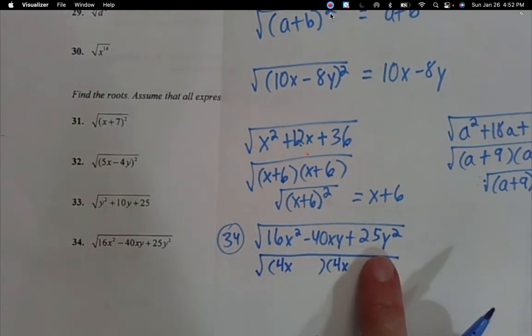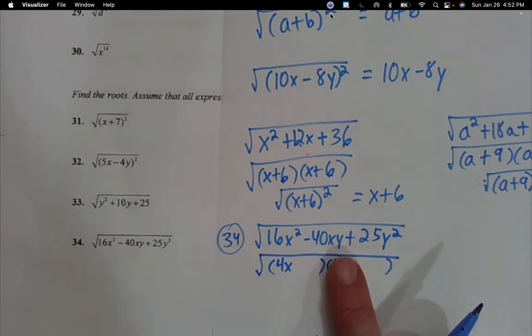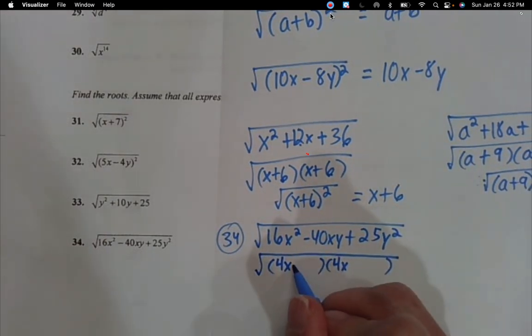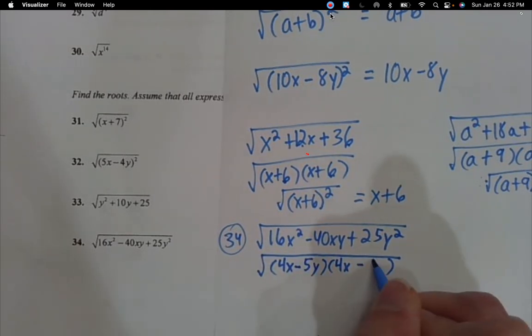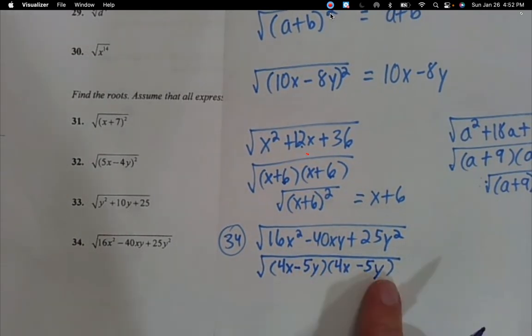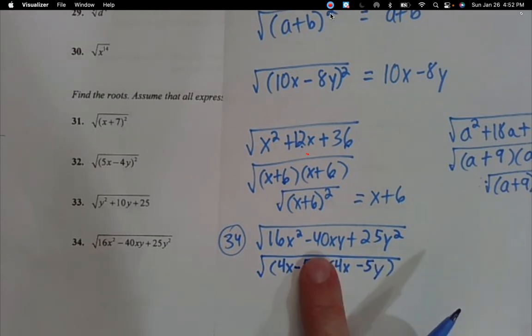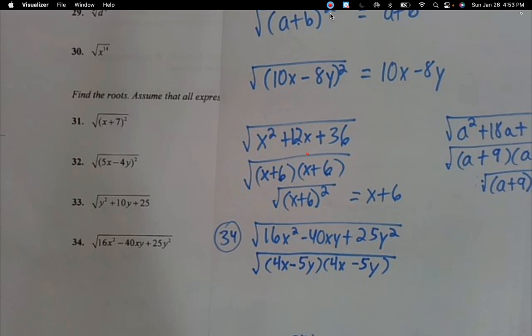Now, what times what is 25? It's a perfect square. It's going to be 5, but they need to be negative. And a y. I know you're thinking, well, negative 5 plus negative 5 does not add up to negative 40. But I promise with these 4s, it would.